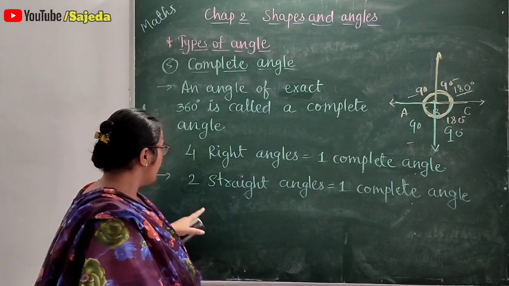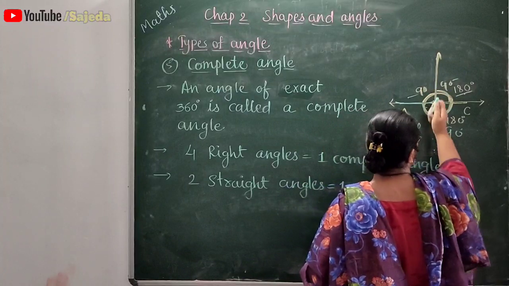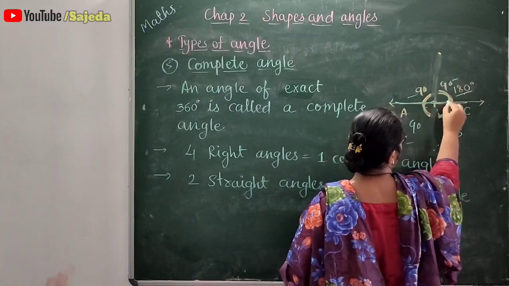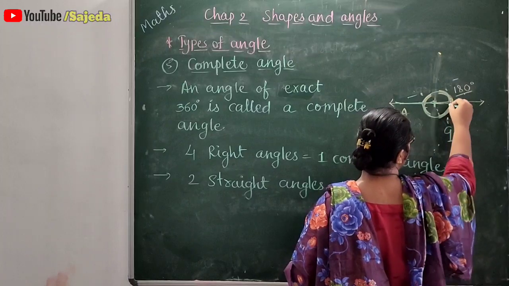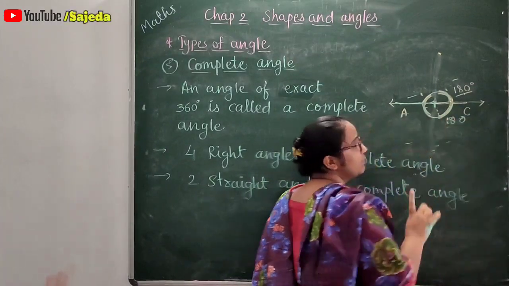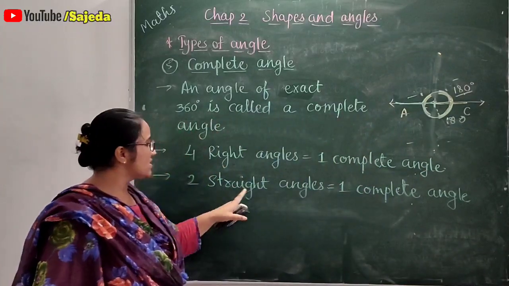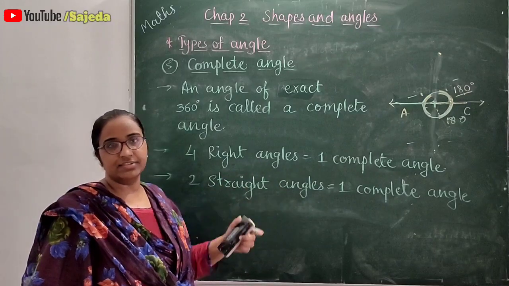In the same way, 2 straight angles. If I draw this line, you can see here that this is a straight angle 180 degree and this one is another straight angle of 180 degree. So 1 complete angle is equal to 2 straight angles or 4 right angles.